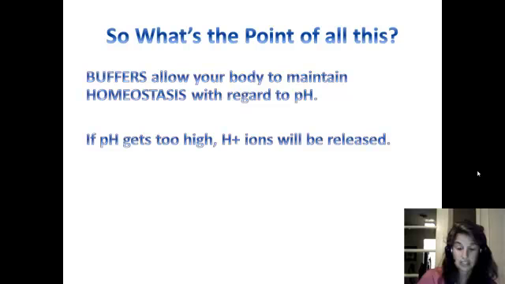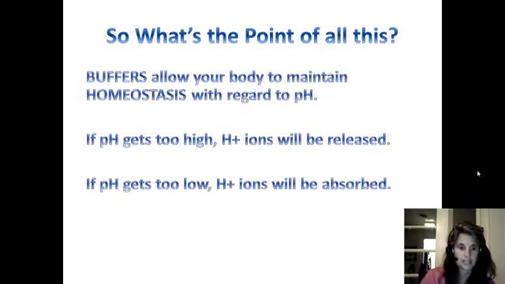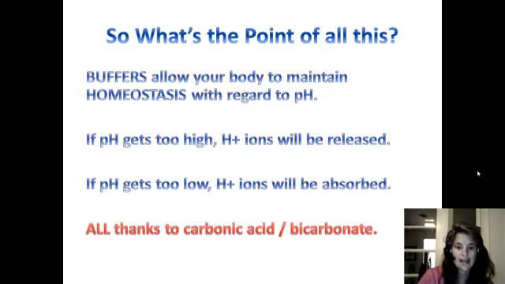If the pH gets too high, the carbonic acid will donate hydrogen ions into the blood to neutralize that pH. If the pH gets too low, that carbonic acid, or the bicarbonate more properly stated, will absorb the hydrogen ions. And so, all thanks to carbonic acid and its alternate bicarbonate, your pH will remain very, very close to where it should be.